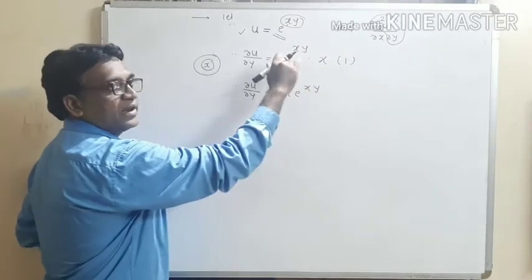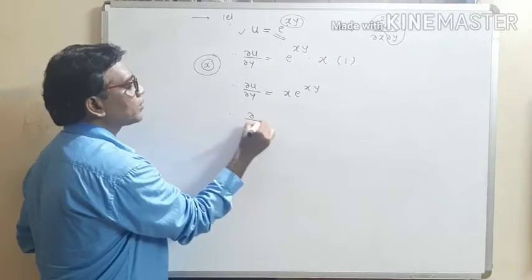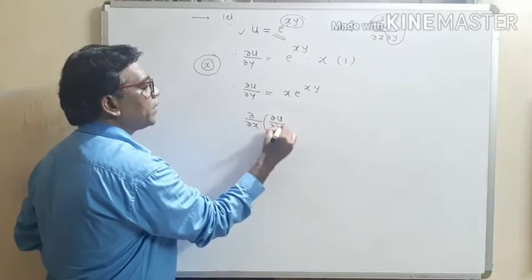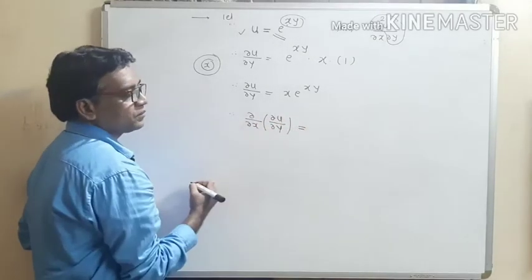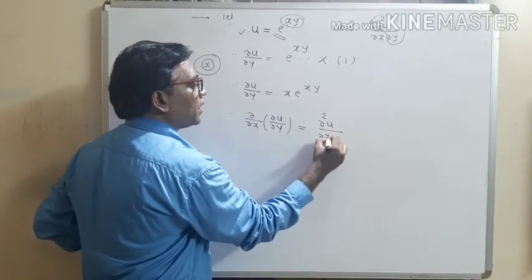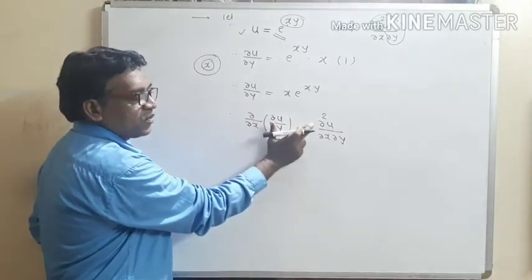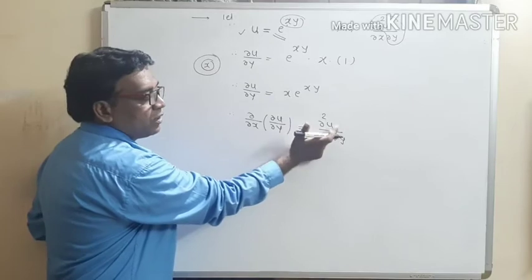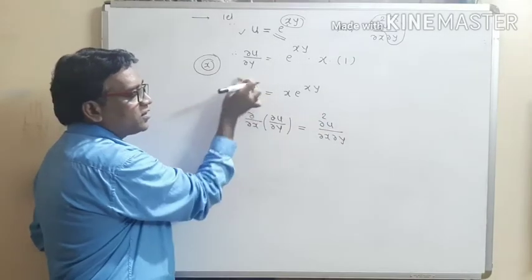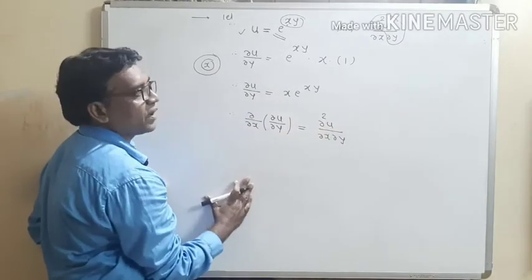Now take its derivative partially with respect to x. So write down therefore, ∂/∂x of ∂u/∂y, this is equal to, we can write this term as ∂²u/∂x∂y. So see how to get this ∂²u/∂x∂y. First of all, find out this derivative ∂u/∂y and take its partial derivative with respect to x, means we get this second order partial derivative.